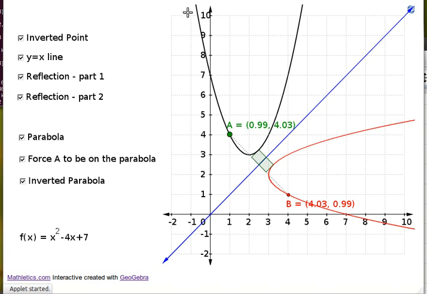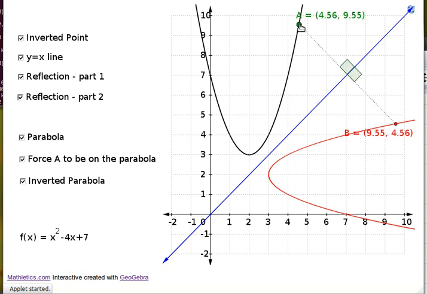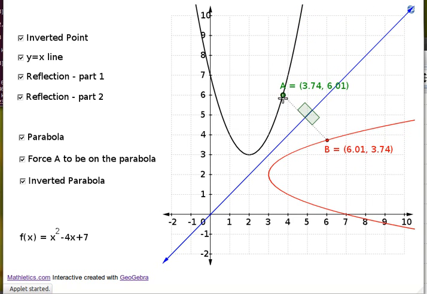That one goes that way, and then it's reflected in that line, and this one goes around like that. And you can see as you move the point on the parabola, then the point B, the reflection point, also moves in the sideways parabola in the reflection.